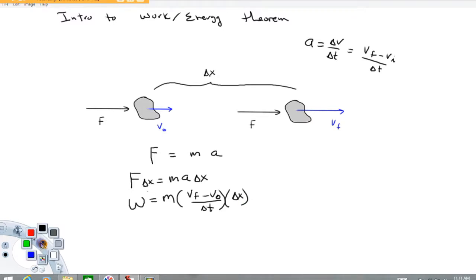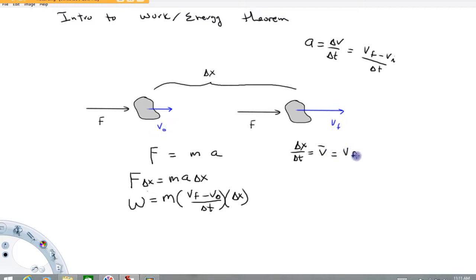Now, if we group these terms together, delta x over delta t is what we call the average velocity. And as long as your acceleration is constant, and in this case it will be because I've assumed constant force, then the average velocity is literally the average of your initial and final velocities.